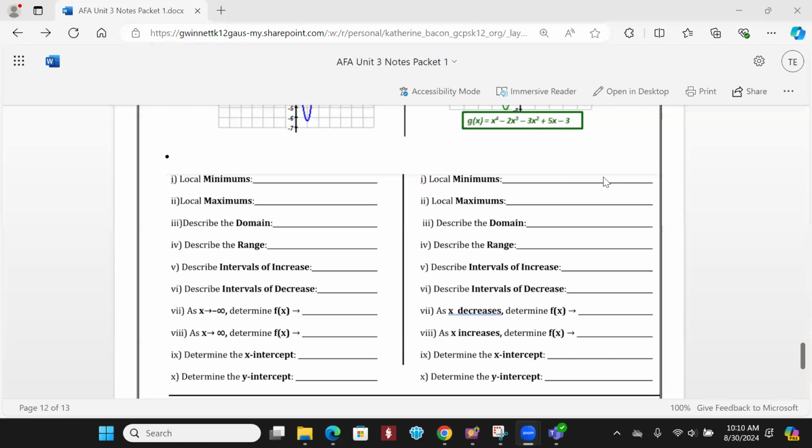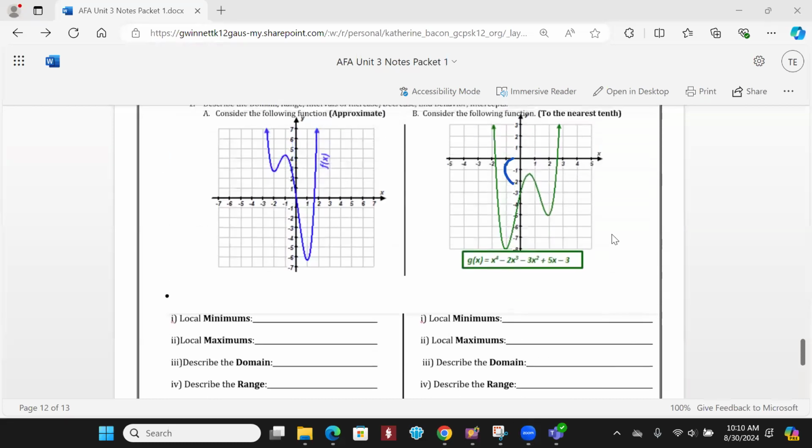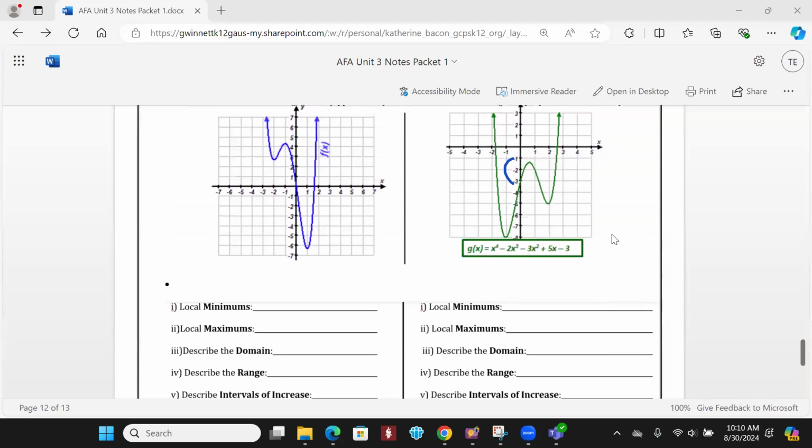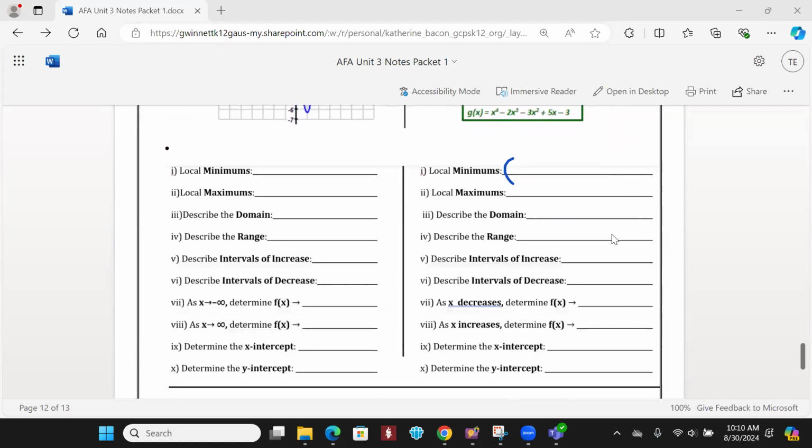All right, what's the local minimum? Okay, so say words again. -1, -8. Oh, okay. I thought somebody said -3. I was like, I don't think that's right. Okay, -1, -8.